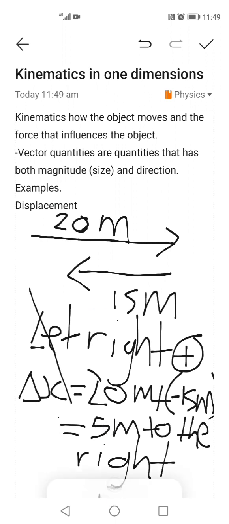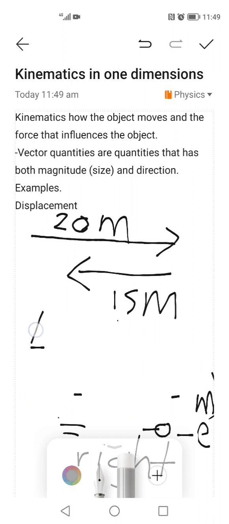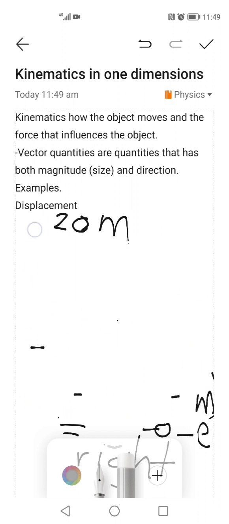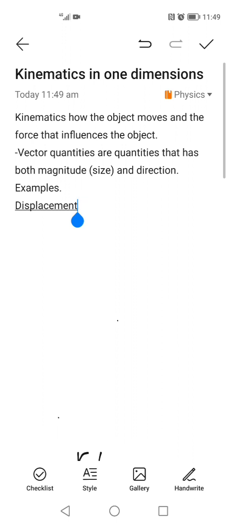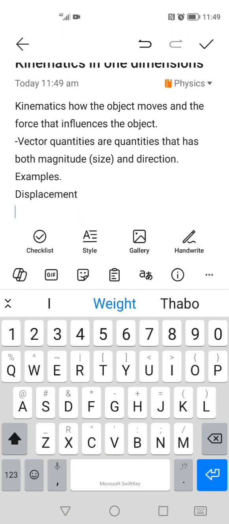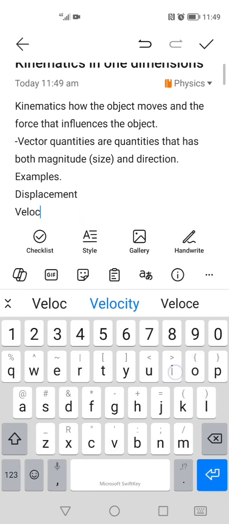Now I have to erase and we move to the next vector quantity. You have to keep in mind that a vector quantity consists of both the magnitude, which is your size, and the direction. Then another example, after displacement, is velocity. How can you define velocity?